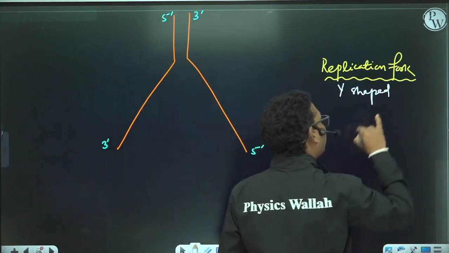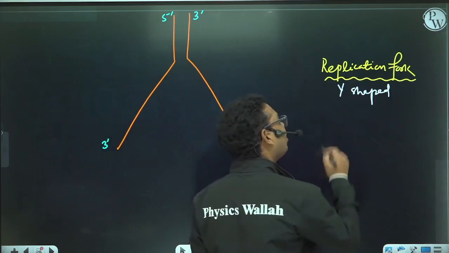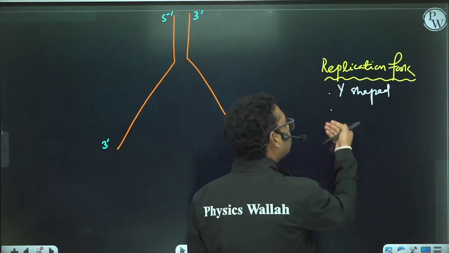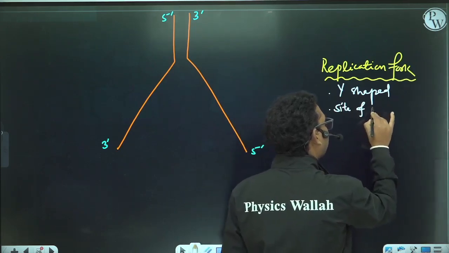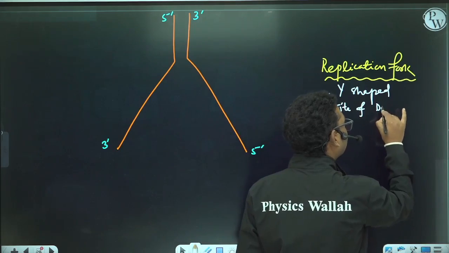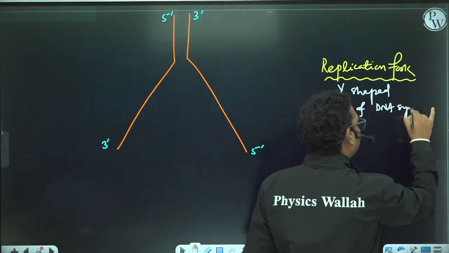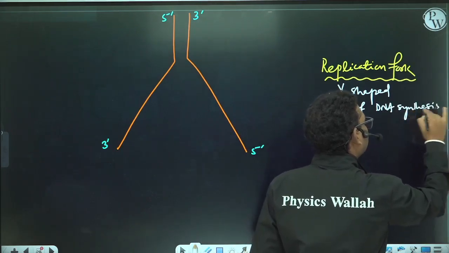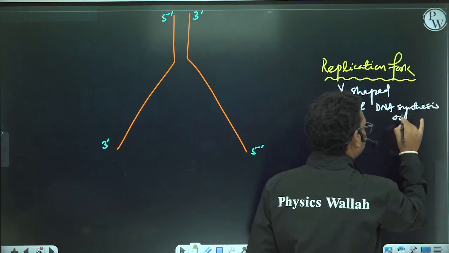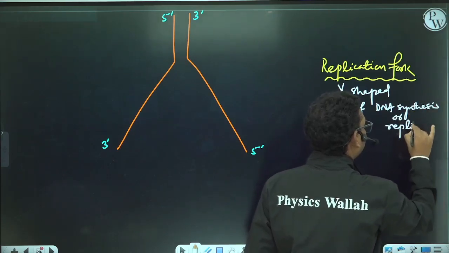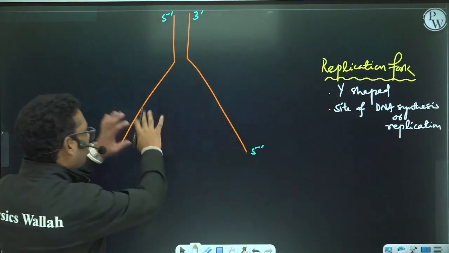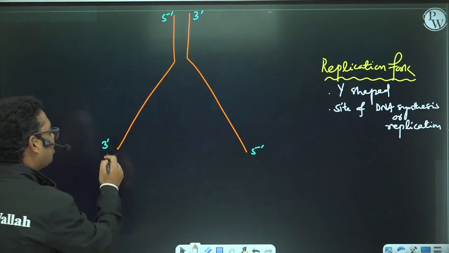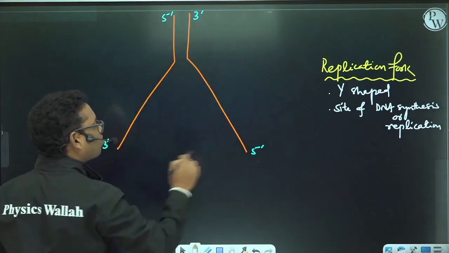This is the site of DNA synthesis or replication. It is the replication fork. This is 3' and 5', and this is 3' and this is 5'.